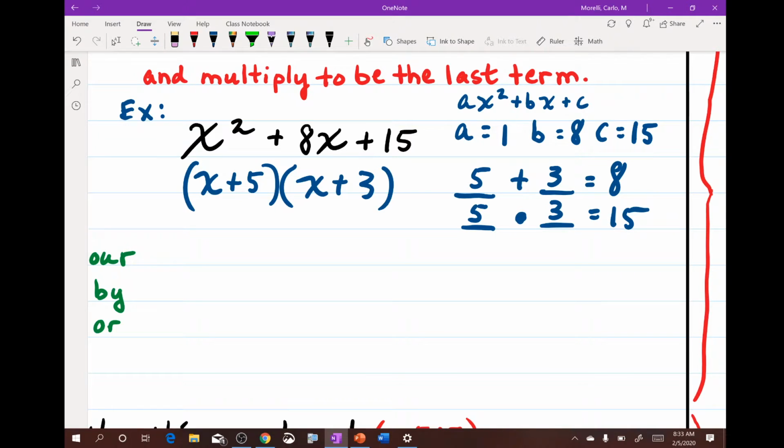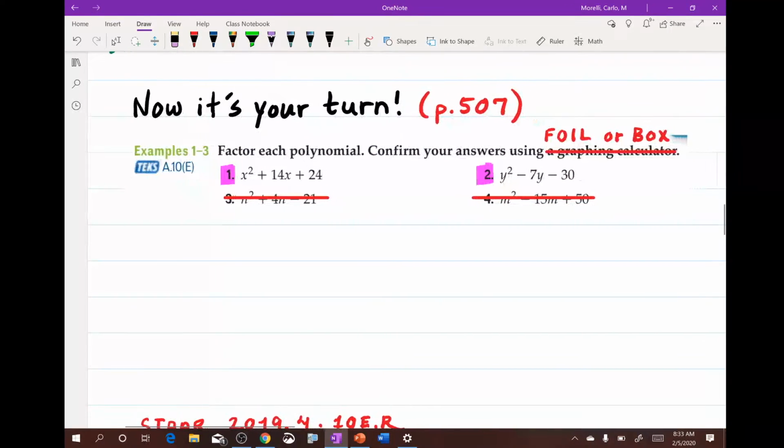Sí. And then no más. Erase this addition symbol. No, erase the plus sign. Yes, and put a multiplication symbol. Perfect. Okay? We're going to move on here.